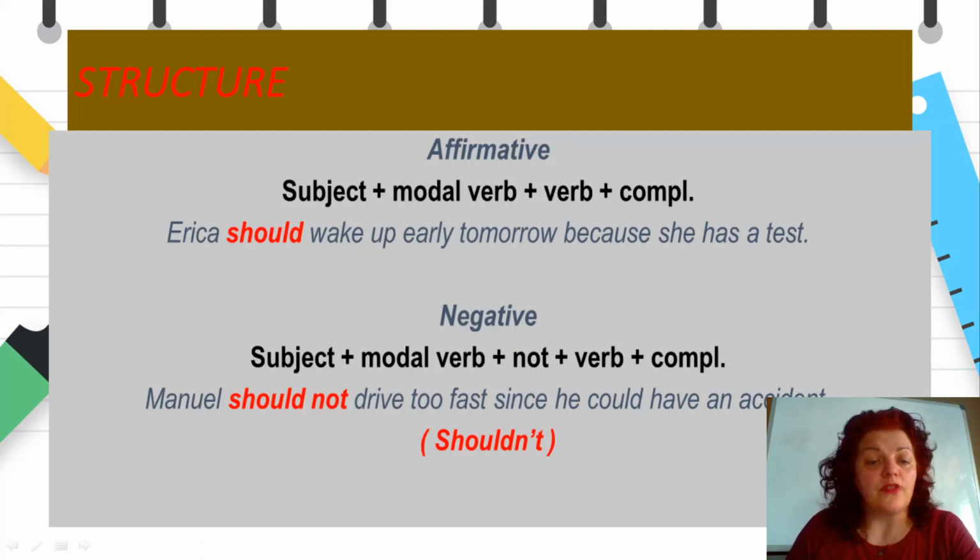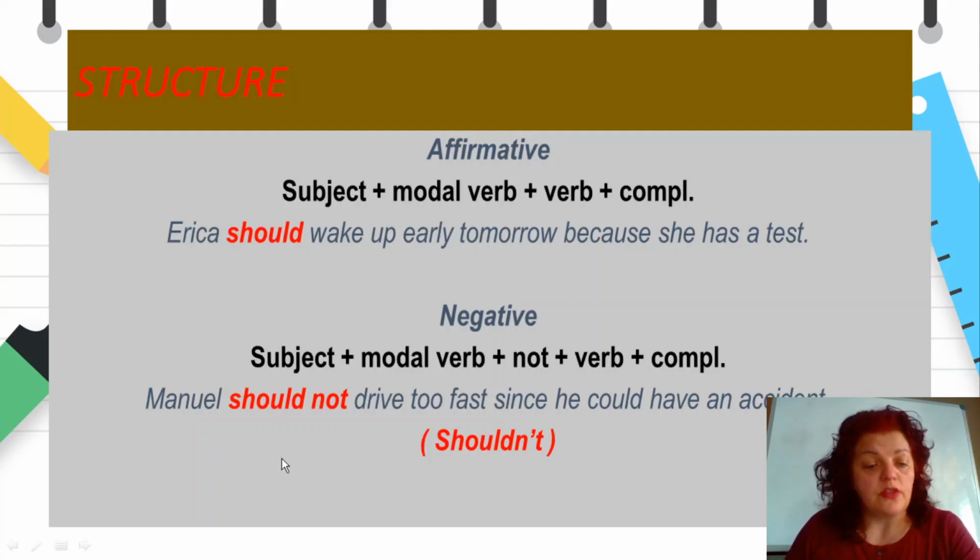Let's see the structure. When we are talking about affirmative sentences, we use the construction of subject plus modal verb plus verb. Erica should wake up early tomorrow because she has a test. And what about negative sentences?